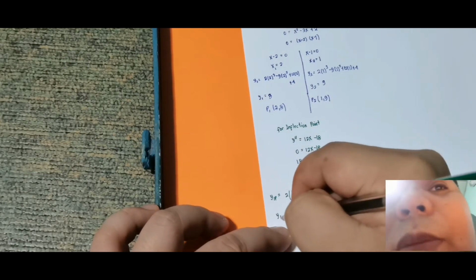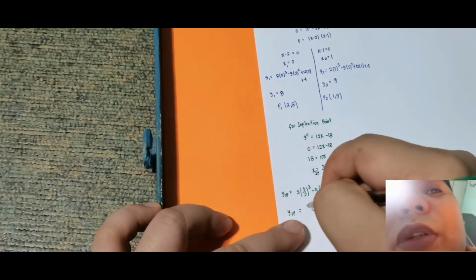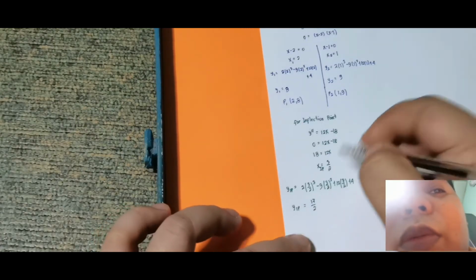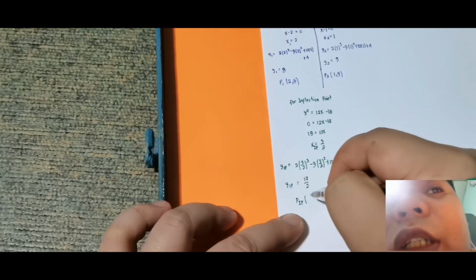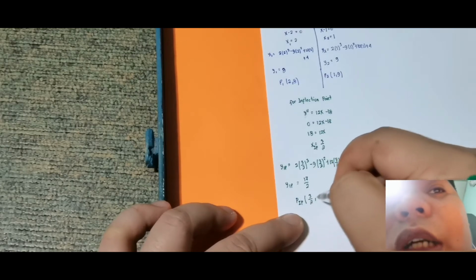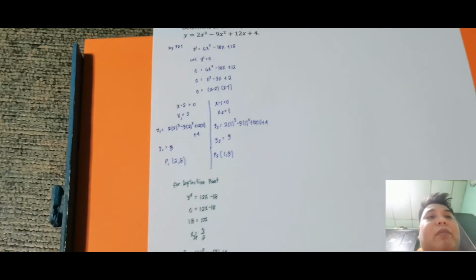Okay, then y sub ip, using calculator mo na lang, recta natin. So that is simply 17 over 2. So meaning yung inflection point o yung p sub ip natin is just equal sa 3 over 2, 17 over 2. Ang kagandahan, may second derivative pa tayo. Okay, so kasi second derivative ta siyang gagawin.